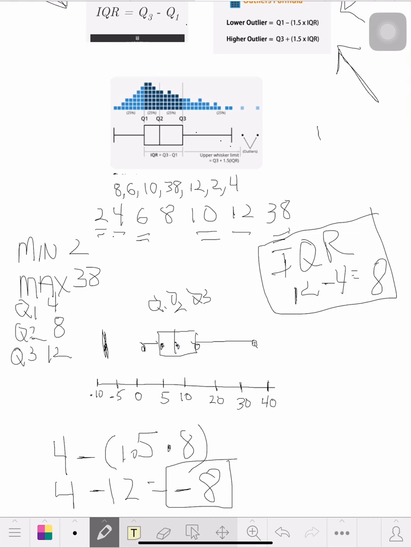So now let's do the other one. That is Q3. Q3, we looked that up, and that was 12. So 12, and now this is a plus, because we want to move a little further to the right. Plus 1.5 times 8 equals 12.